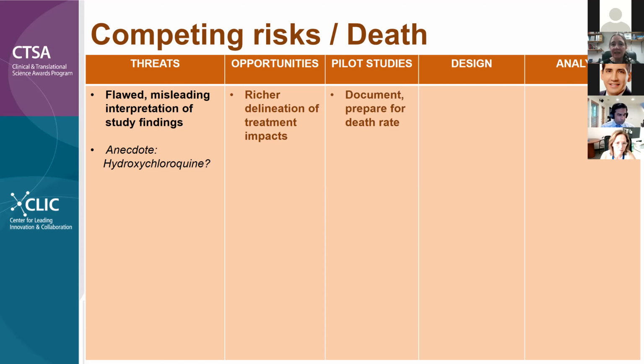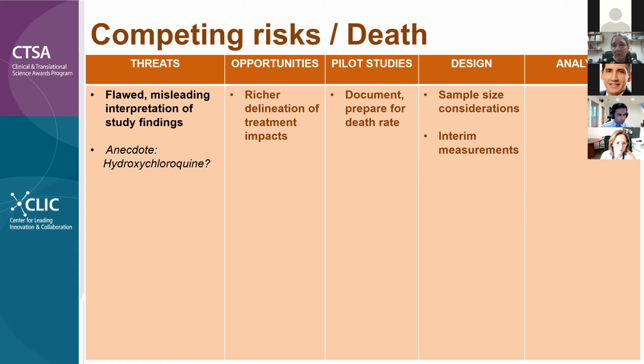In pilot studies, for sure, one should document and prepare for a certain proportion of death that may occur predominantly in older adults. That has implications for study design, also may have implications for how frequently we schedule measurements so that we obtain, to a reasonable degree, as much information as we can before people then may be lost to the study.